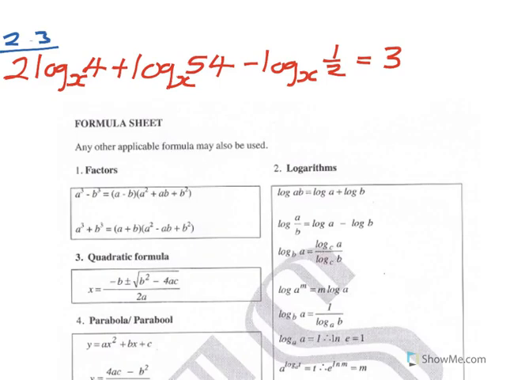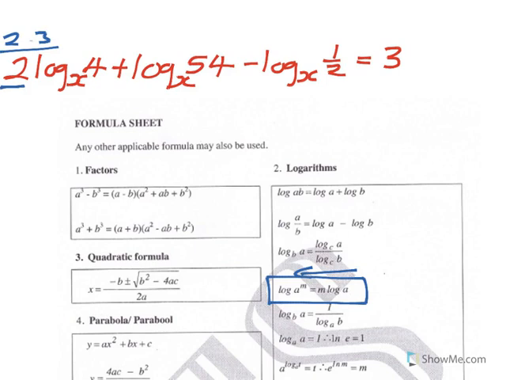So in this case, you can see we can use 2 different laws. There is this law that says log a to the power m is m log a, but we are reading this law in this direction, whereby m log a is log a to the power m. So there is a 2 there, we have to take the 2 as a power back.